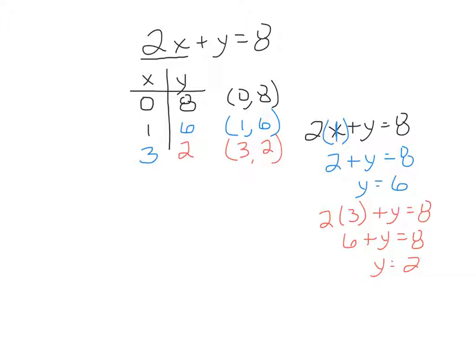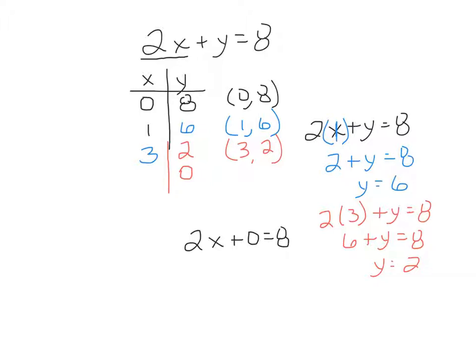Let me go through and try this time putting in a value for my y. If I said y was equal to 0, then I could go through and figure out what my x is. And once again, I'm going to write out the original equation. 2x plus y is equal to 8. But instead of putting in a y, I'm going to put in that 0.